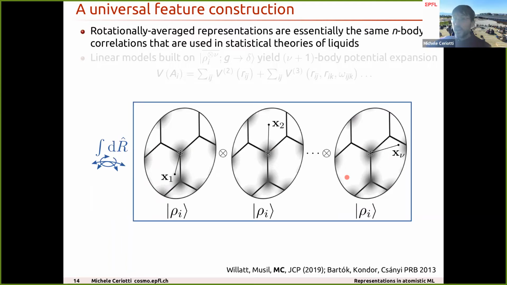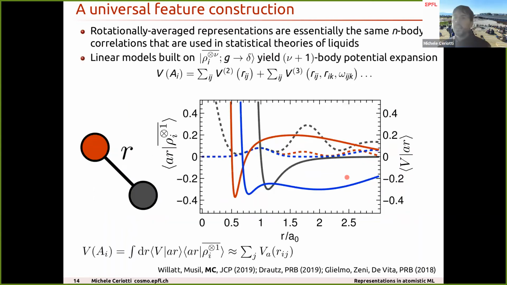The more terms we include in the correlation, the more complete our description becomes. And actually, you can show that this hierarchy of correlations provides a complete linear basis to regress any function of the coordinates of the atoms within an atom-centered environment.